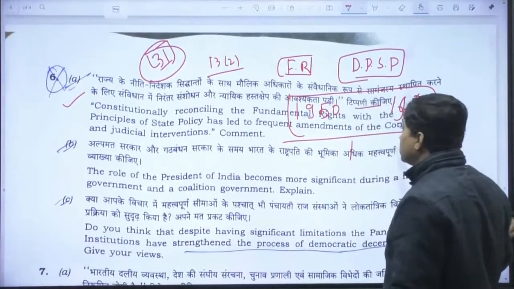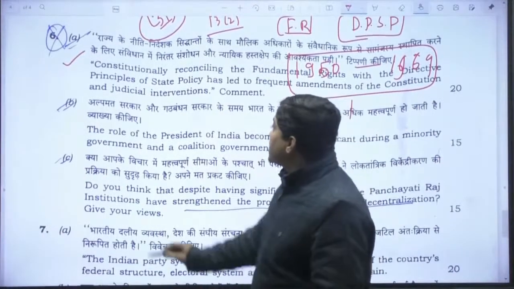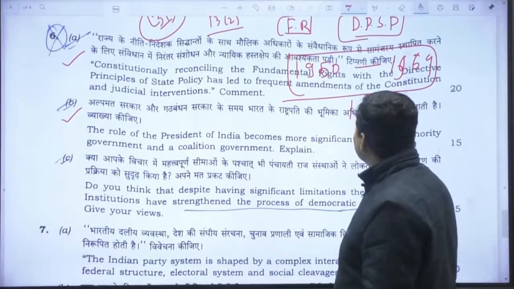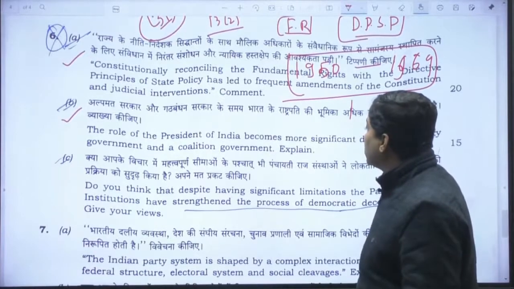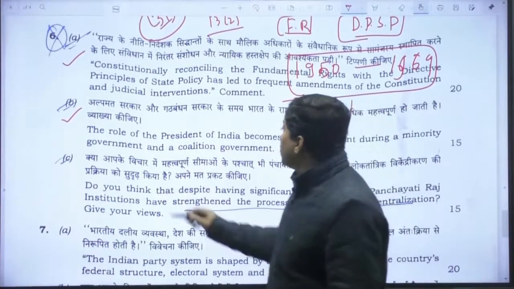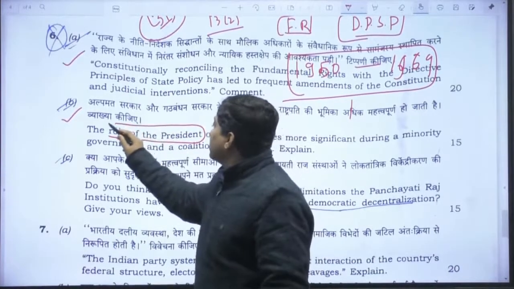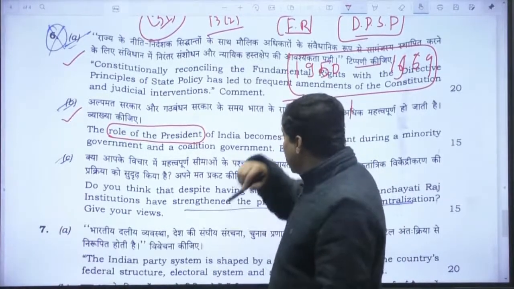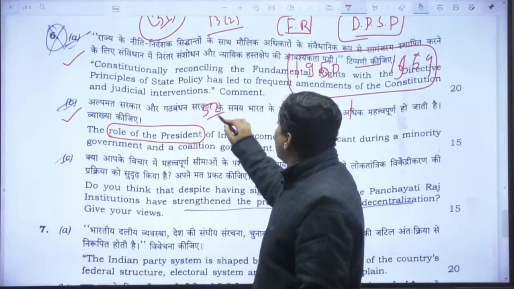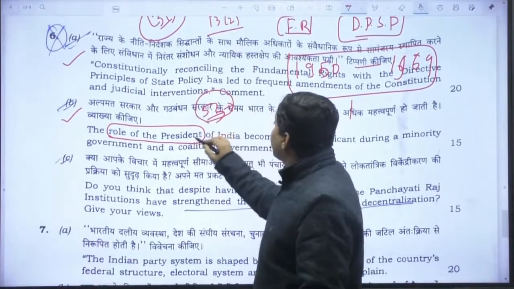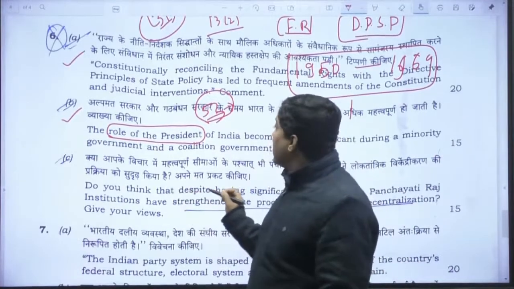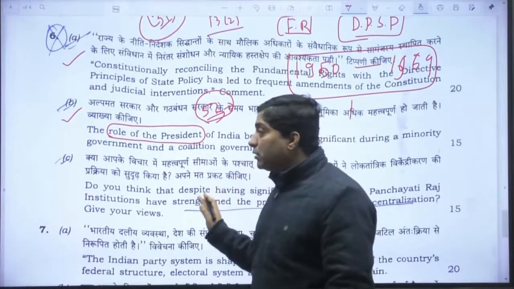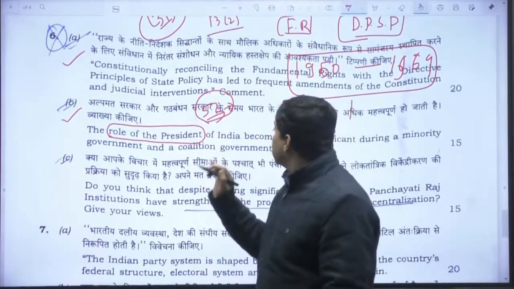Now come to 6B. The question is, the role of the President of India becomes more significant during a minority government and coalition government. Explain. If you see the role of the President, the President acts on advice of the Council of Ministers. Article 53 says the President is head of the union executive and shall exercise his authority directly or through subordinate officers.